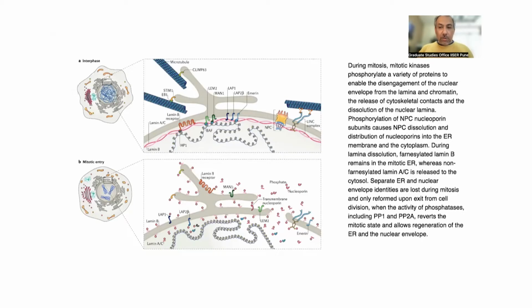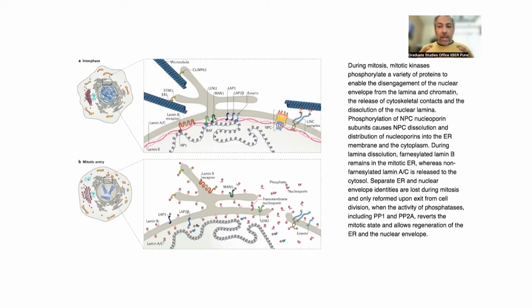During the lamin dissolution, farnesylated lamin B remains in the mitotic ER, whereas non-farnesylated lamin A and C is released to the cytosol. Don't worry about what farnesylation is. It's essentially a lipid modification of these proteins. But what's important to know is that some of them make it to the ER, some are in the cytosol.